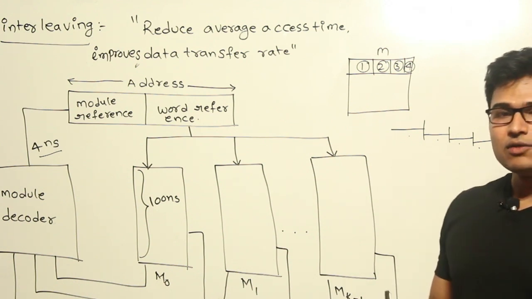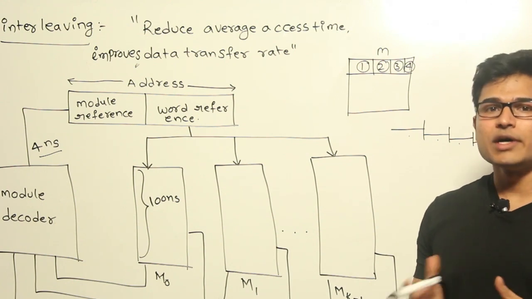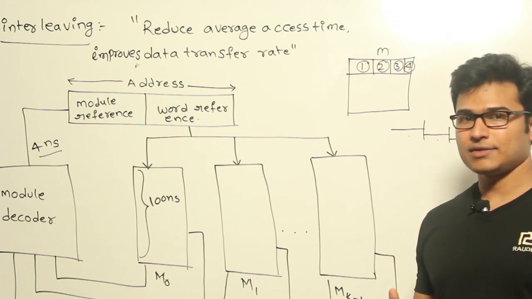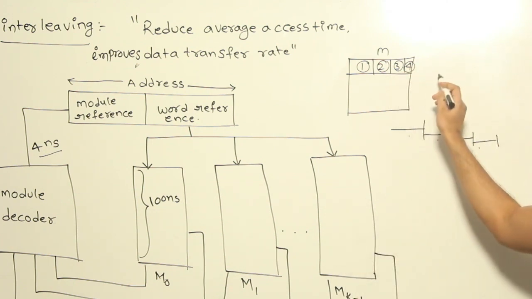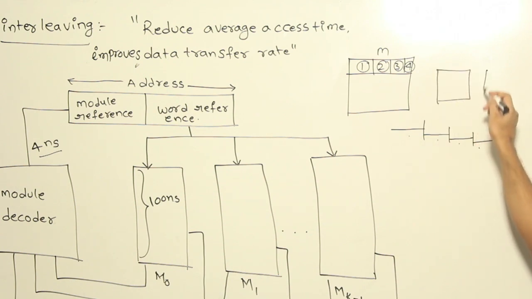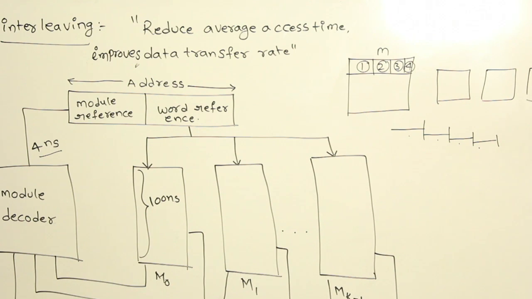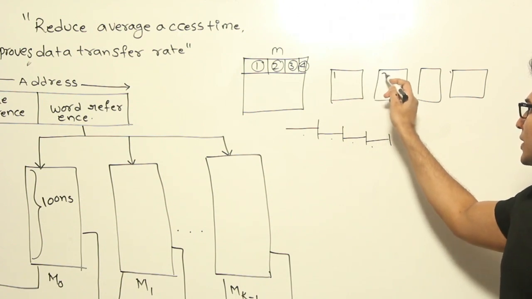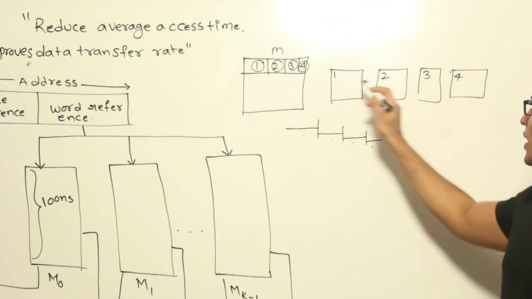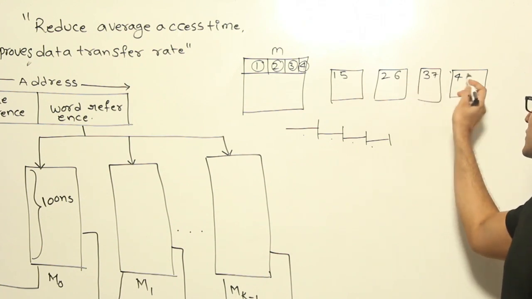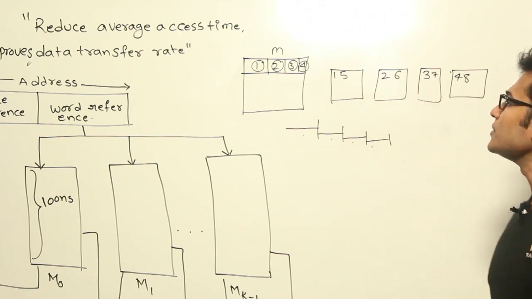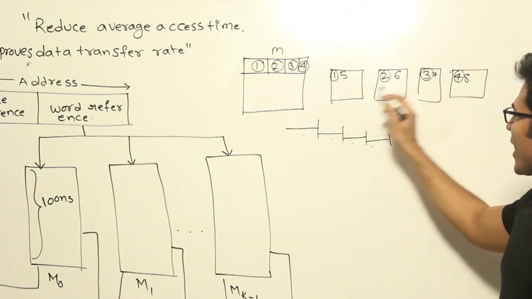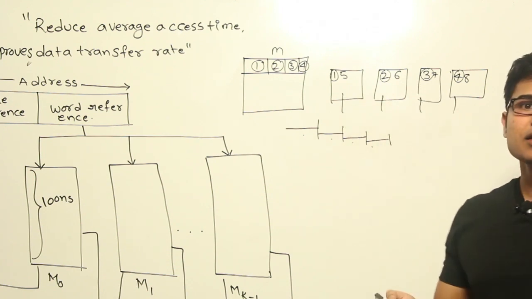Now instead of this, if you had distributed the words in such a way that all 4 words are present in 4 different modules which can be accessed in parallel, with the first word in module 1, the second in module 2, the third, the fourth, and then the 5th word here, 6th word here, 7th word here, 8th word here, then you will be able to get the first, second, third, and fourth words in parallel, in 100 nanoseconds.